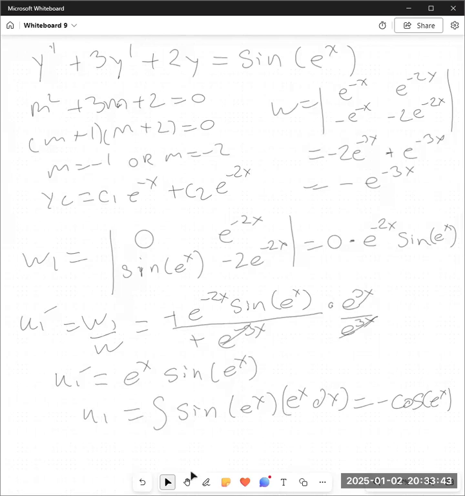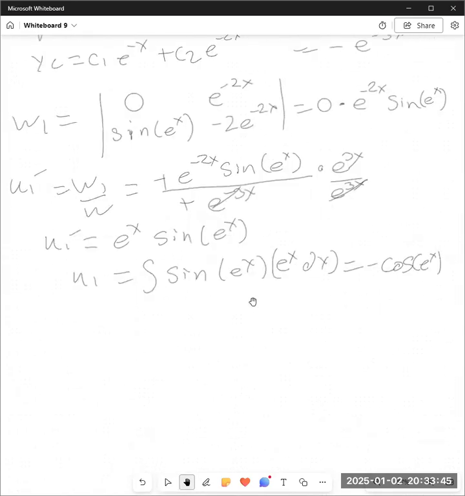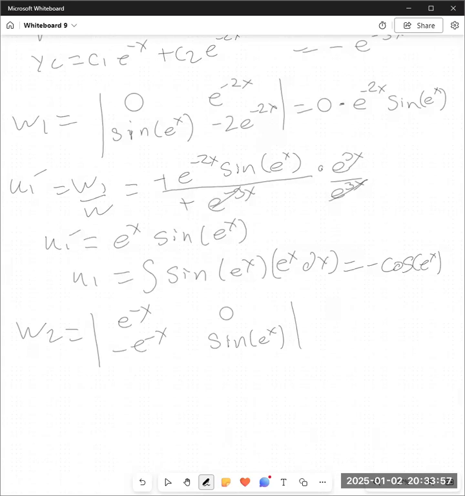So let's go ahead and find W2 now. Sine of e to the x, and this is e to the negative x, negative e to the negative x. So this is e to the negative x sine of e to the x, like that.